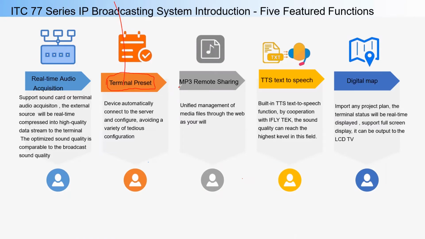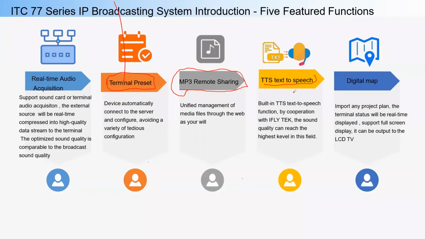The third part, MP3 remote sharing. In the server, there will be a music library, and the user could use the music library to broadcast music or audio files. Fourth, TTS, text to speech.